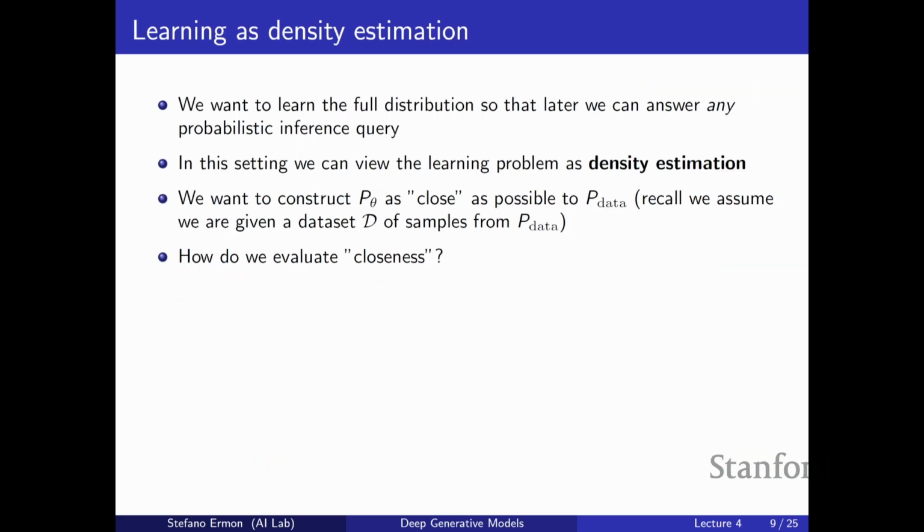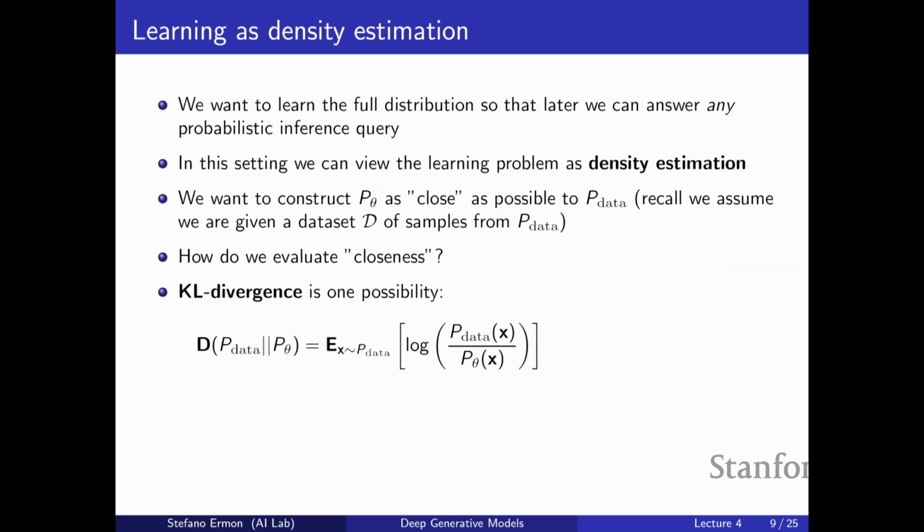So now that we've chosen KL divergence as one of the ways of measuring similarity between distributions, we can set up our learning problem as saying, okay, there is a true data generating process. There is a family of distributions that I can choose from.